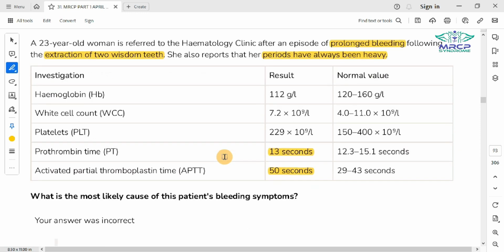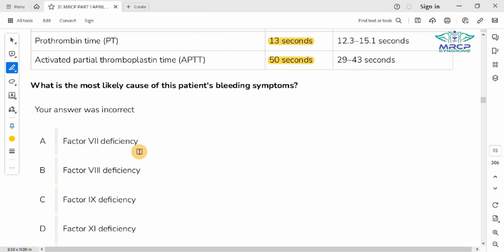In 50% of cases, the APTT would be prolonged. In another 50% of cases, APTT would be normal, and the prothrombin time will always be normal in a patient with von Willebrand disease. So what is the mode of inheritance? Autosomal dominant. Yes, this is autosomal dominant.